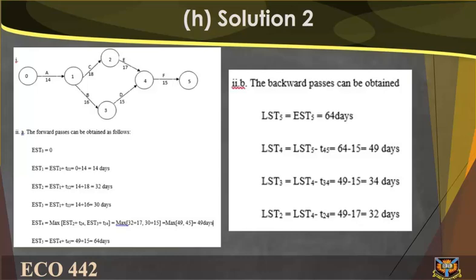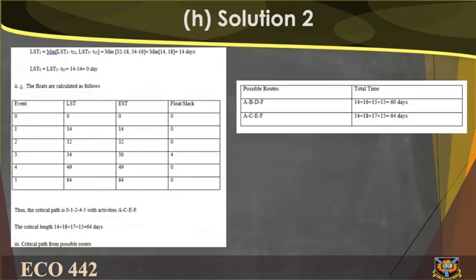LST2 equals LST4 minus T24 equals 49 minus 17 equals 32 days. LST1 equals min of LST2 minus T12, LST3 minus T13, equals min of 32 minus 18, 34 minus 16, equals min of 14, 18, equals 14 days. LST0 equals LST1 minus T01 equals 14 minus 14 equals 0 days.